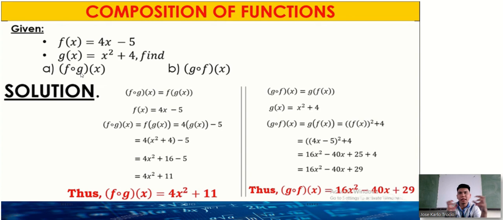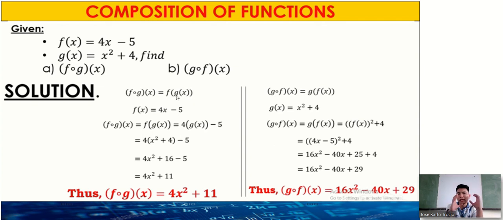Try to remember again the idea. A function f is composed of g. g is the input this time. So it is denoted with this symbol, f of g of x. Again, from f composed of g of x, it becomes f of g of x.